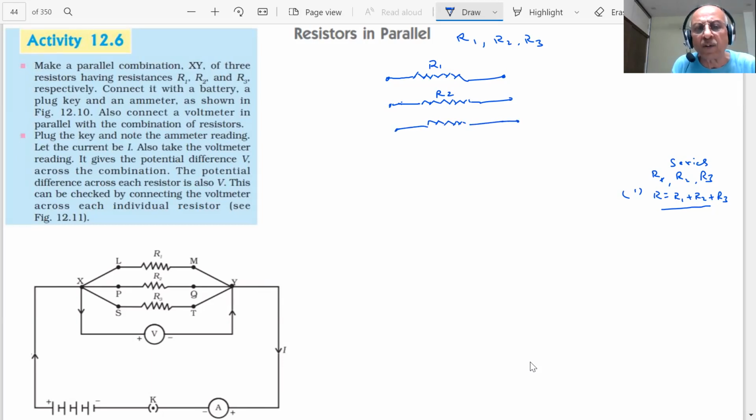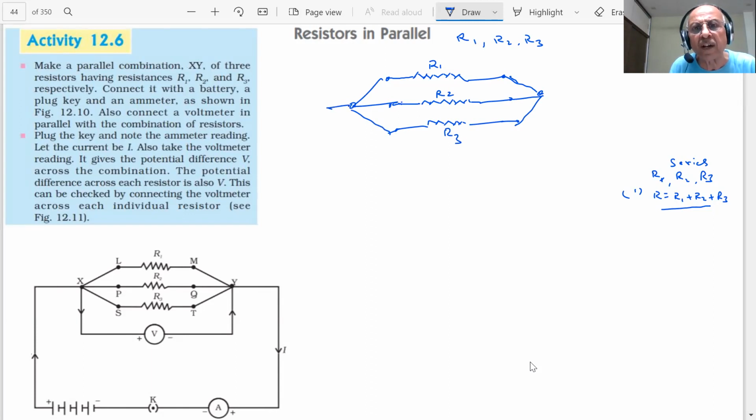So they will be joined to a common node. How will we do that? There is this point, this point, this point. You can see there is a node to which they are connected. These are the three resistors, so now they will be in parallel.